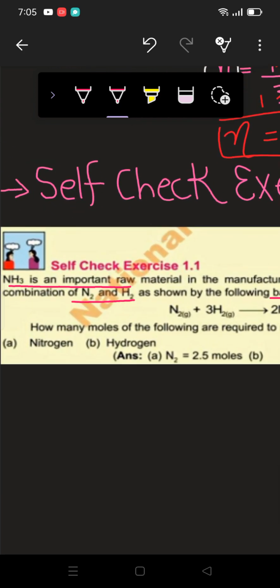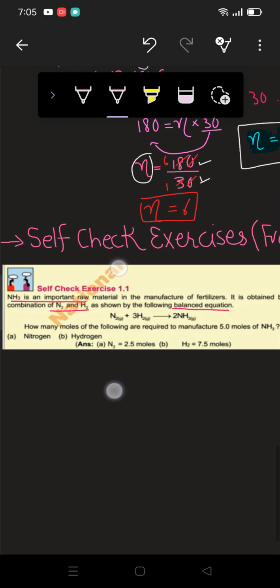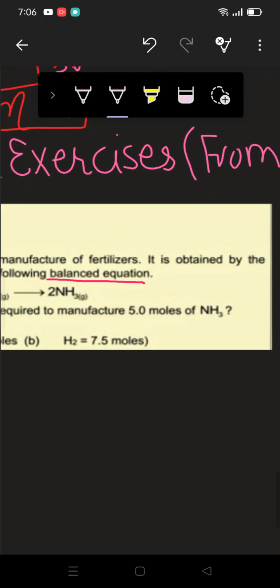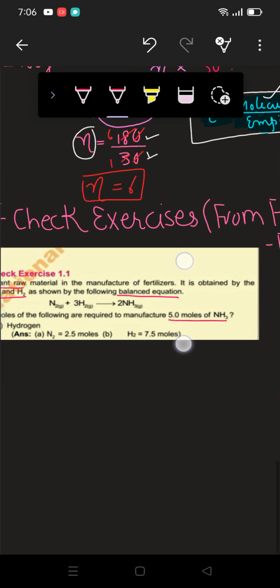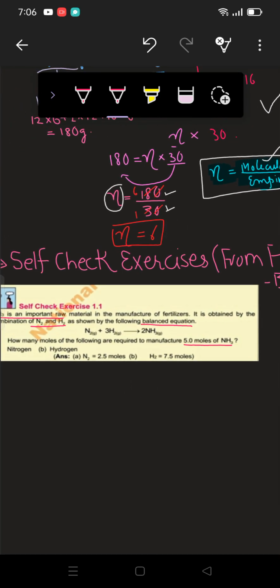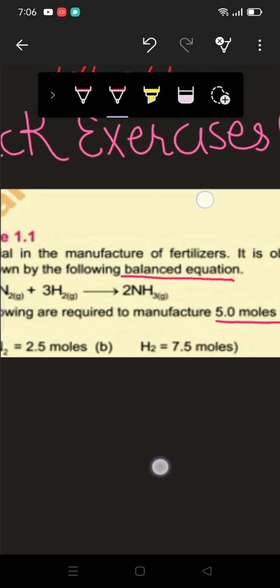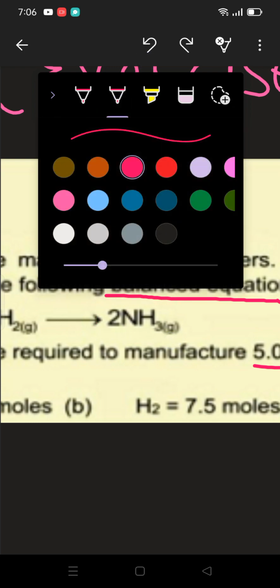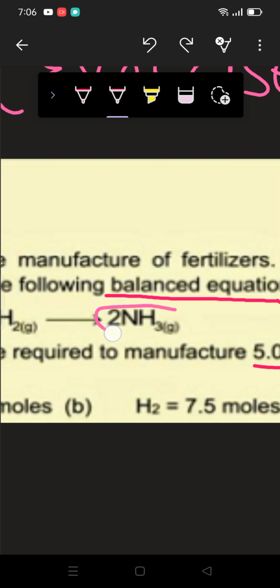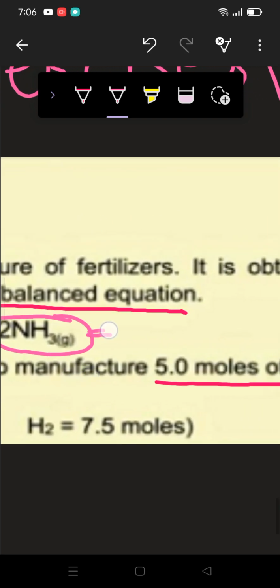Now see, how many moles of the following are required to manufacture 5 moles of NH3? They are asking how many moles of these compounds are required to manufacture 5 moles of NH3, which means they have given the moles of this, 5 moles.